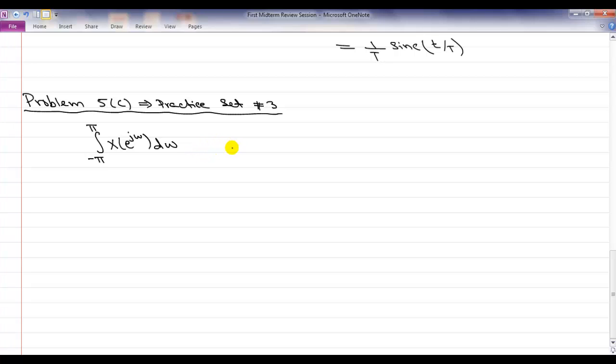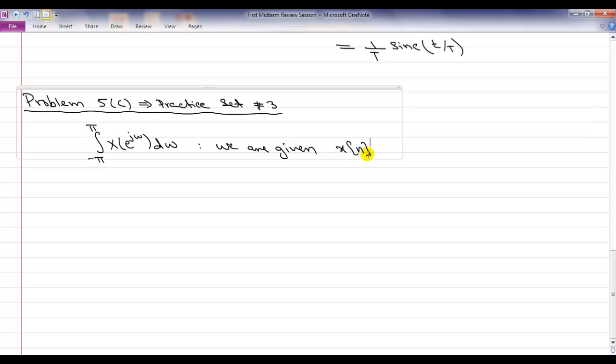Okay? So we are given x of n in terms of its real part and its imaginary part. Okay? Now, how do you get that?